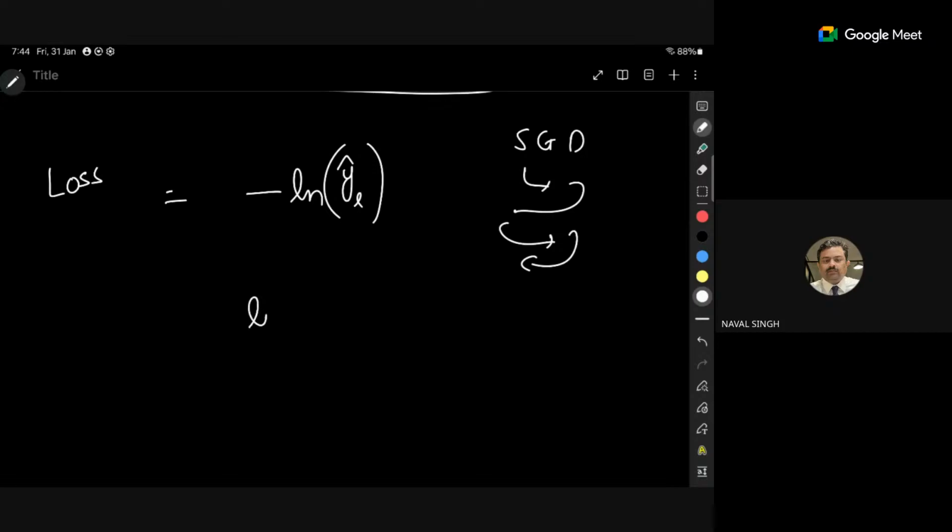You do it for the first sample, then for the second sample, add all of these individual smaller losses, and then do the back propagation. But to understand it easily, we are going to use stochastic gradient descent, and that's what is used in the course.